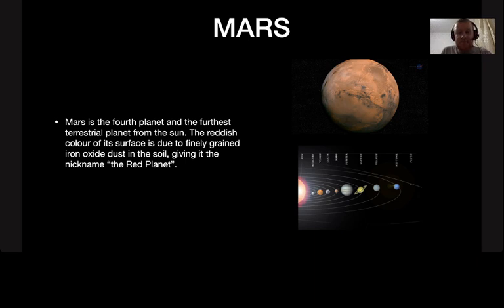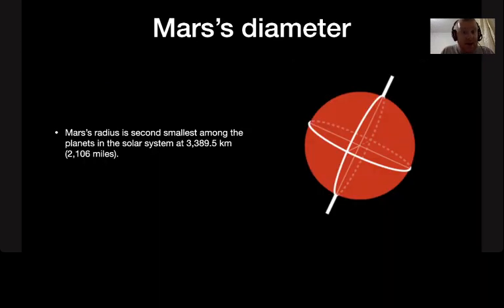So now Mars's diameter. Mars's radius is second smallest among the planets in the solar system at 3,389.5 kilometers, which makes 2,106 miles. So it's quite a small planet, actually, guys. Mars is a lot smaller than Earth.